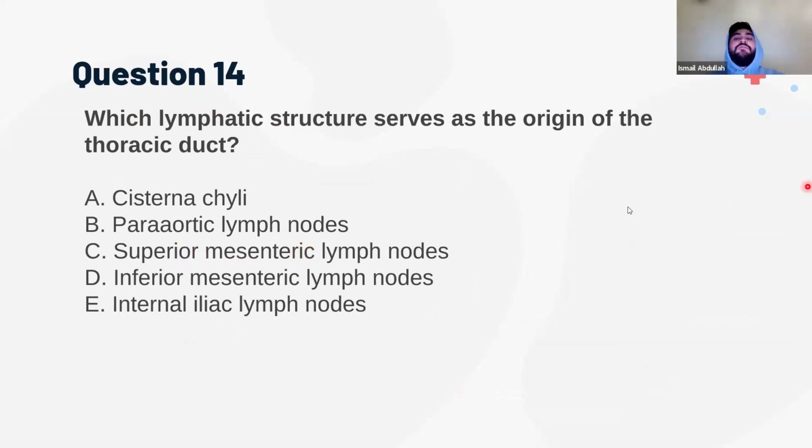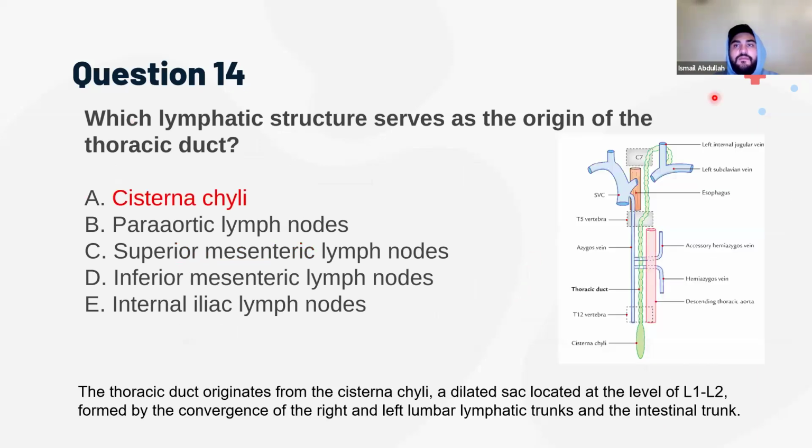Which lymphatic structure serves as the origin of the thoracic duct? Yes, that's going to be A, the cisterna chyli. If you look at the diagram right here, this is the cisterna chyli, and it's somewhere between L1 and L2.